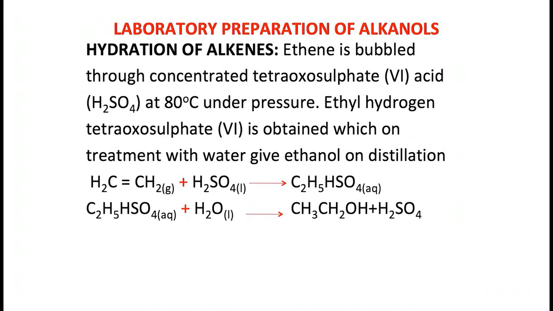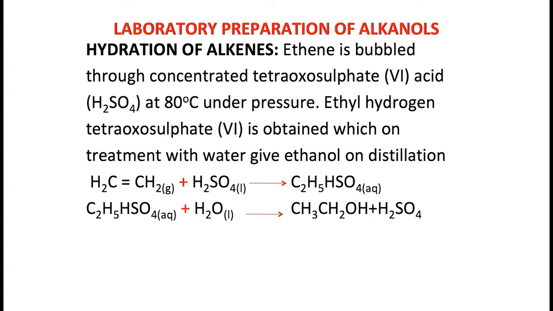Today, we'll be looking at laboratory methods of preparation of alkanols. Now, one of the methods you can use to prepare alkanol in the laboratory is through hydration of alkenes. An alkene is a double-bonded hydrocarbon with general molecular formula of CnH2n. So if you are picking, for instance, ethene, you treat it with tetraoxosulfate(VI) acid to get ethyl hydrogen tetraoxosulfate(VI).